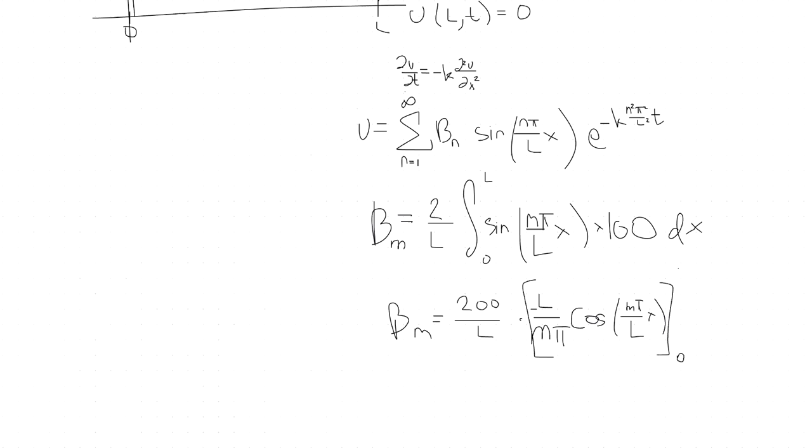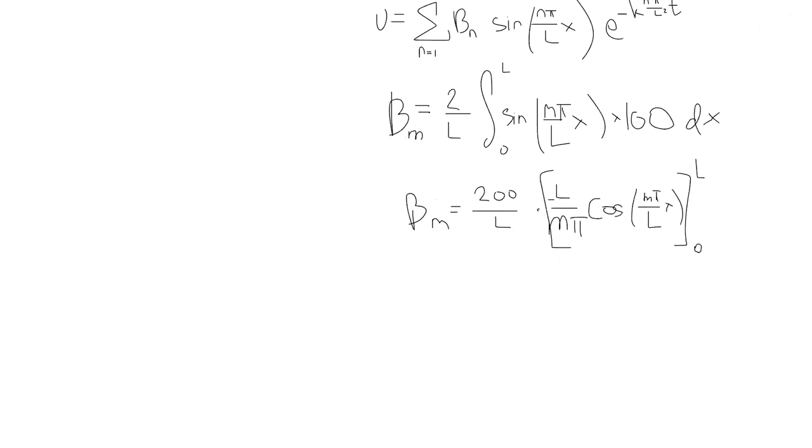Then plugging that in, we get b sub m is equal to 200 over L, and I guess these L's cancel out.